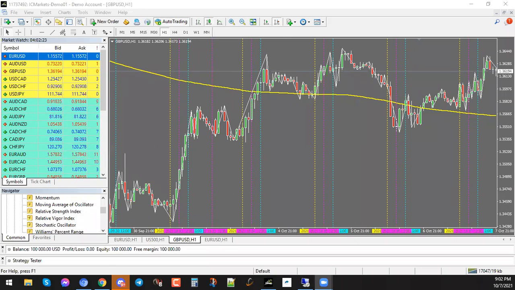So let's move over to our chart. Here you can see I have a chart up. It is the pound US dollar. If you guys would like, you can always select a pair of your choice and we'll work with it. Do you guys want us to work with the pound USD, or would you like us to work with something else?